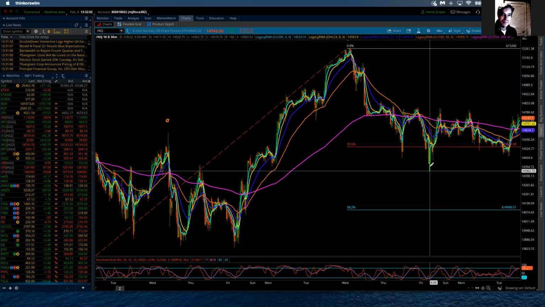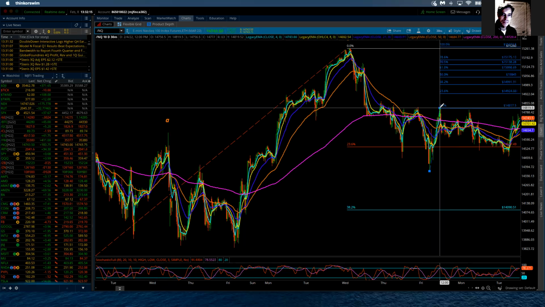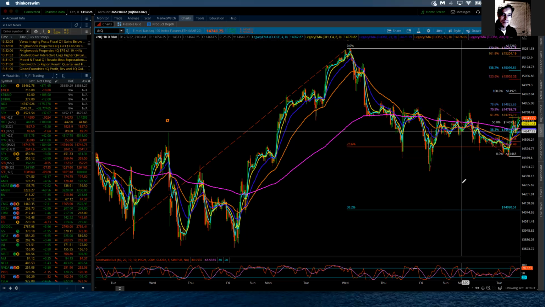So let's put the Fibonacci extensions on, which would help us get an idea how much more upside we can have. The first one goes right up to the top of that A wave. We come down to today's lows. It's going to be right there. Not perfect, but good enough.